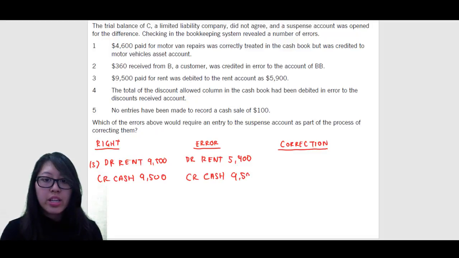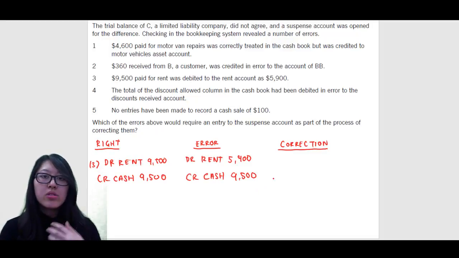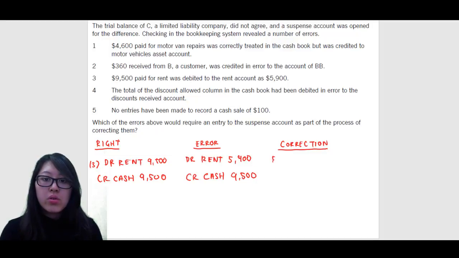So this would be at the correct figure. So as you can see, the rent has been understated by $3,600. So now all we need to do is charge more to the rental expense account. So we are going to need to debit again to the rent account by the difference, which is $3,600. Now because cash has no issue, we will use a suspense account to balance it out.